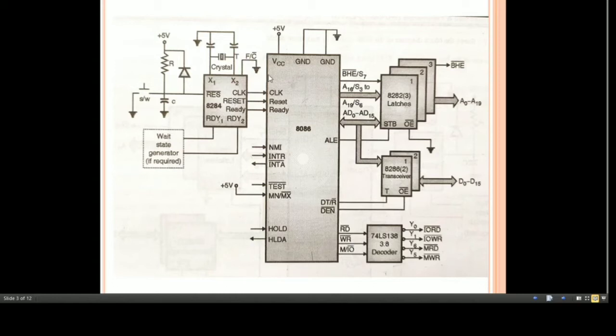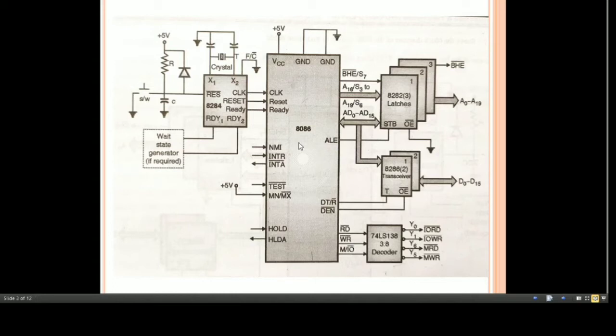So this is our processor 8086. Here this is the MN/MX bar pin, connected to plus 5 volt. That means on this pin we are getting a logic 1 signal, so our 8086 processor is now working in minimum mode configuration.